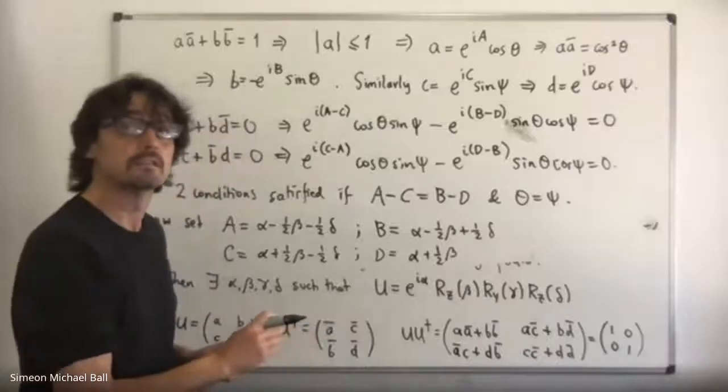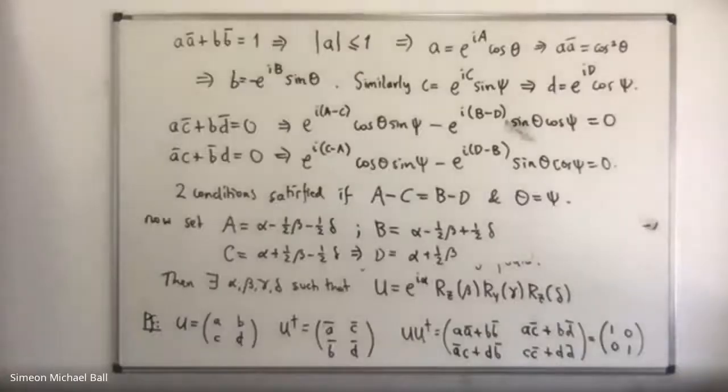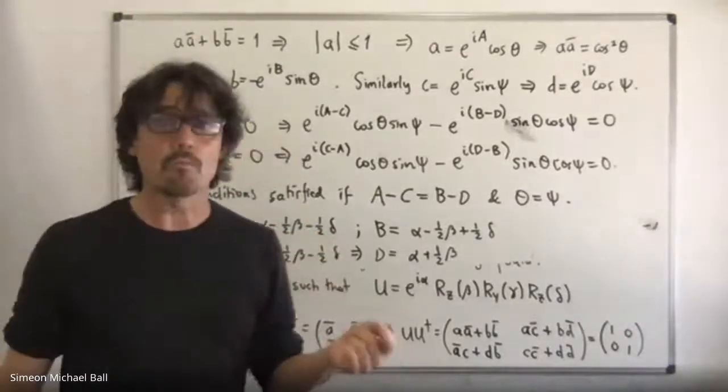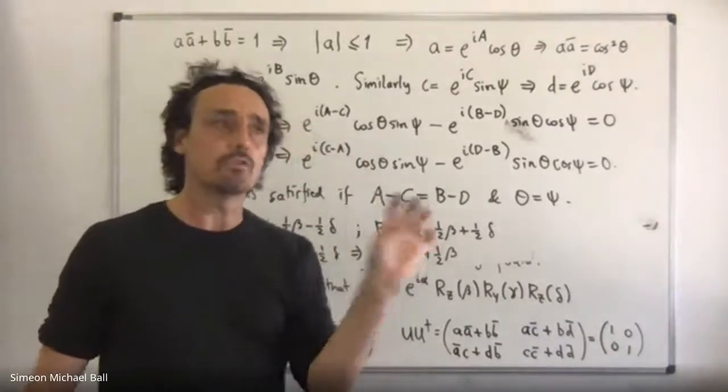Aren't the two equations one the conjugate of the other? One is the conjugate of the other, yeah. So then you only needed one of them. If a complex number is 0, its conjugate is also 0. Yeah, but it's a complex number, so it's got two real parts.